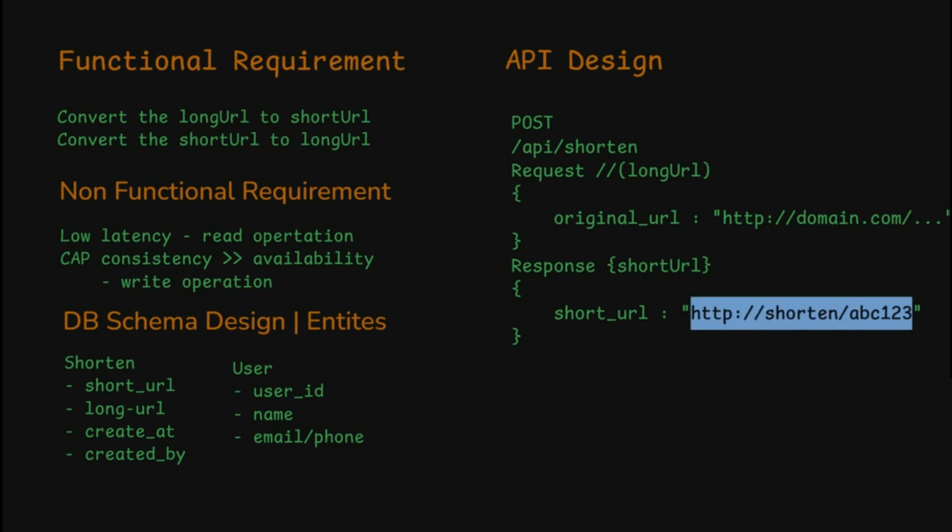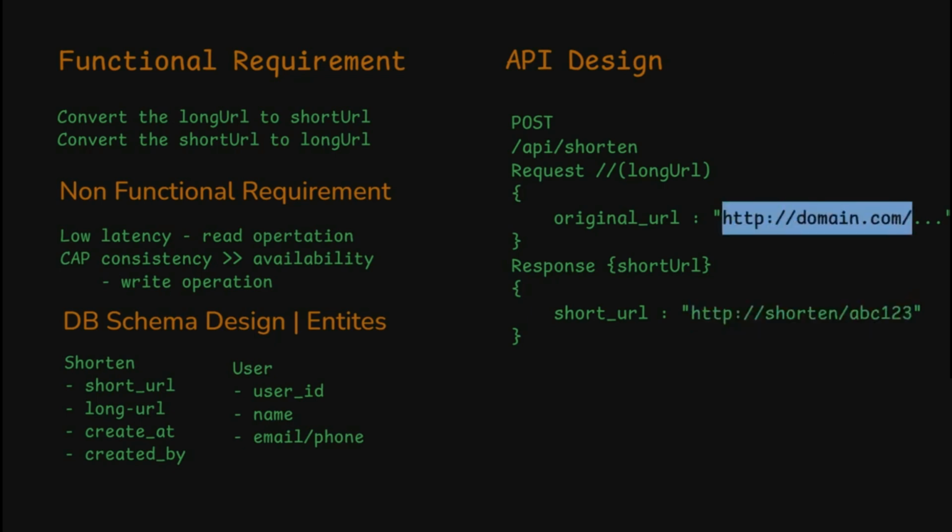Now this URL can be shared to all the different sets of users as part of their email or SMS communication, and those users or customers, when they click on this URL, will be redirected to the original URL.